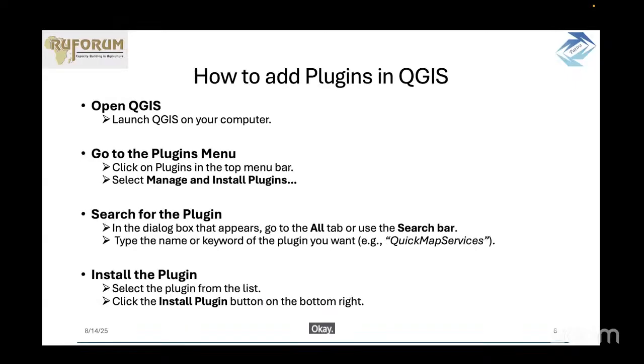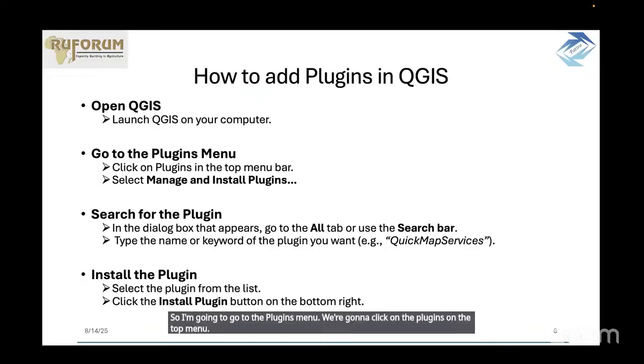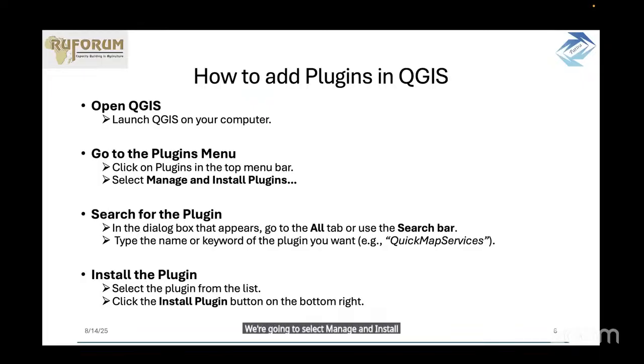So how do you add plugins in QGIS? We're going to do that together. You already open your QGIS. Okay. You're going to go to the plugins menu. You're going to click on the plugins on the top menu. We're going to select manage and install plugins.